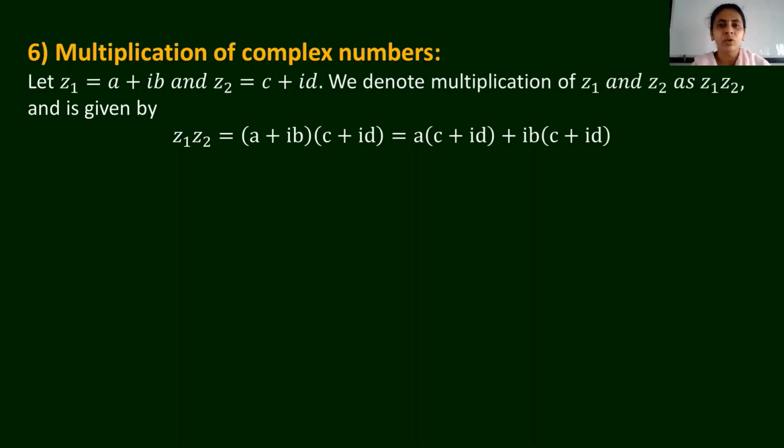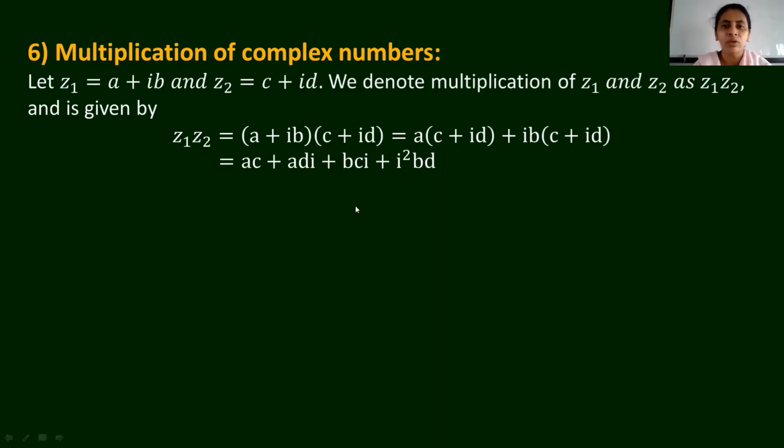Okay, so here we will multiply a with the bracket c plus id as ac plus adi plus bci plus i square bd.